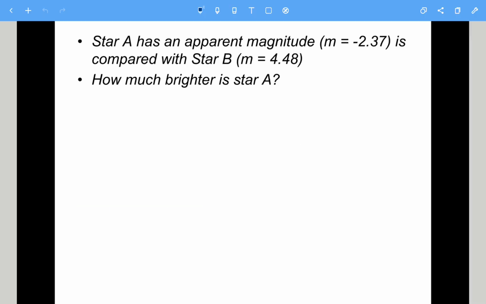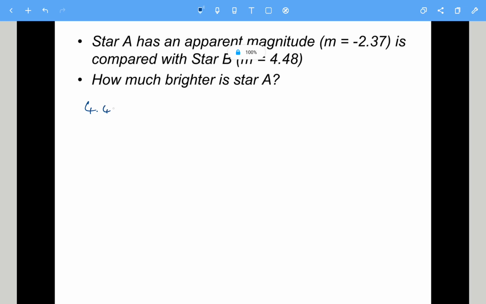All right, let's have a go at this one. So we're going to pause. Right, so star A has an apparent magnitude of minus 2.37. I'm going to compare it with star B, which has a magnitude of 4.48. So we want to know how much brighter is star A. So the first thing we need to do is the difference in apparent magnitude.